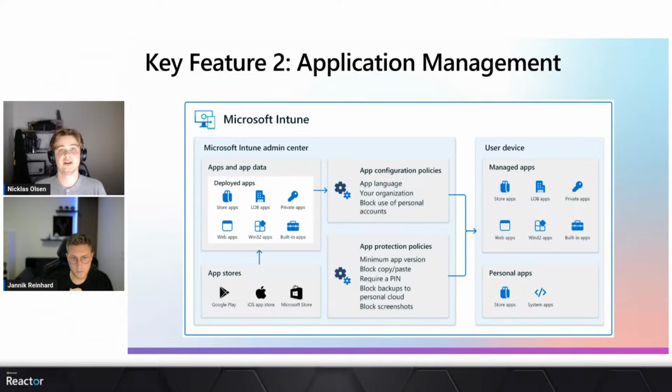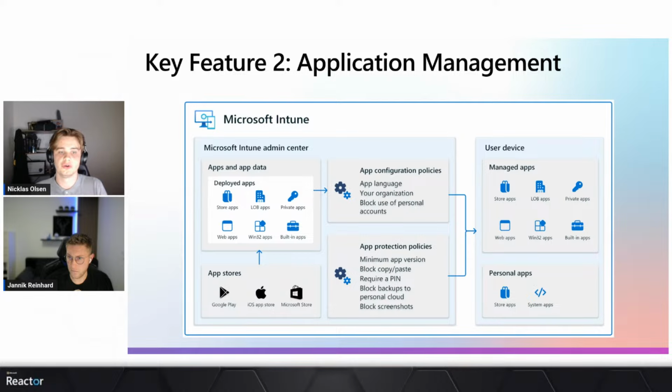You can specify whether the user should be able to copy and paste in the company app, and you can also block the user from trying to back up company data to their own personal cloud. And lastly, there is the possibility of blocking screenshots. So there are a lot of great possibilities when we are talking about protecting company data on personally owned devices as well.